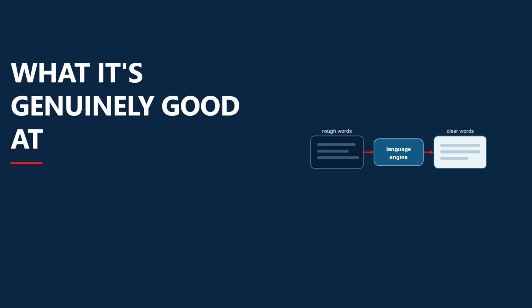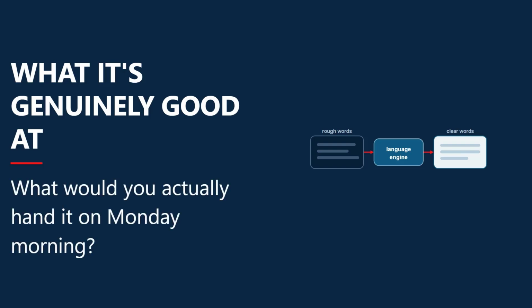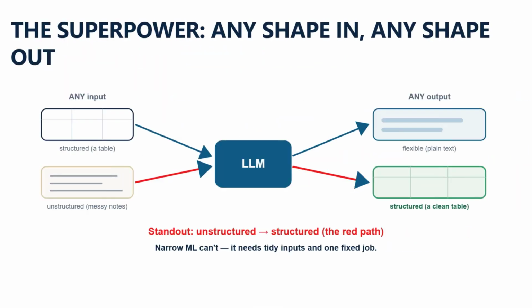So, let us be fair to the machine. What would you actually hand it on Monday morning? Now, the deeper pattern behind everything it is good at, the real superpower, flexibility of shape. It is all language, yes, but the trick is it does not care what forms that language takes. Hand it a neat table or a messy paragraph, structured or not, and ask for either back.